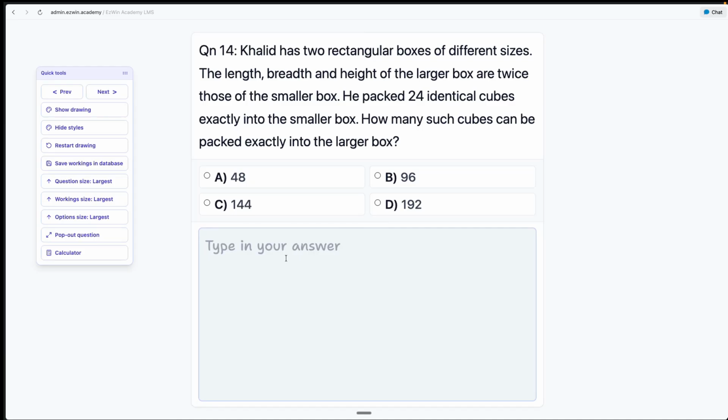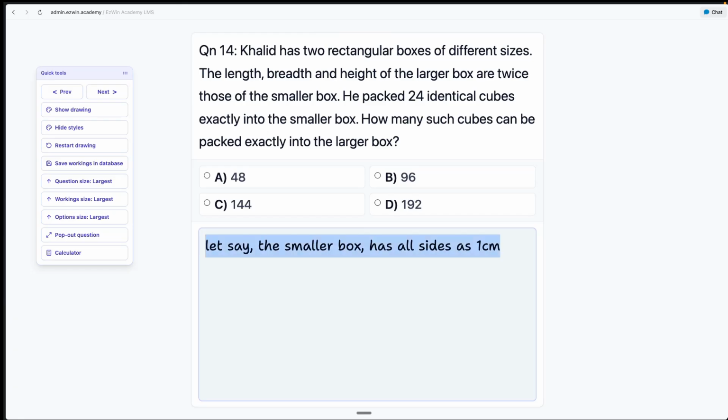All right, so in this case over here, let's say the smaller box, rectangular boxes. Let's say the smaller box has all sides as 1 centimeter.